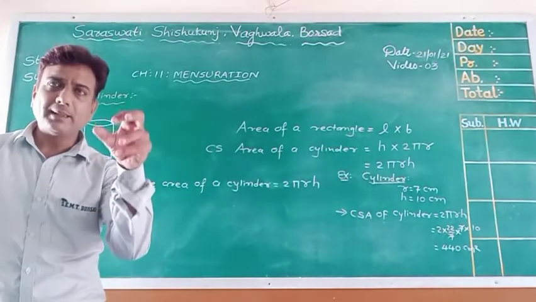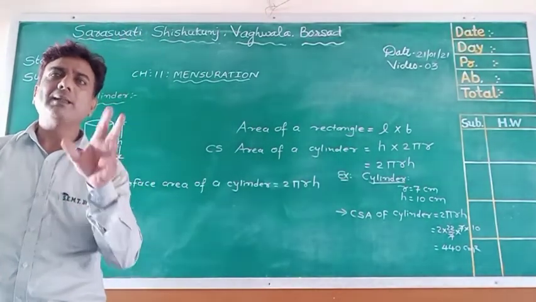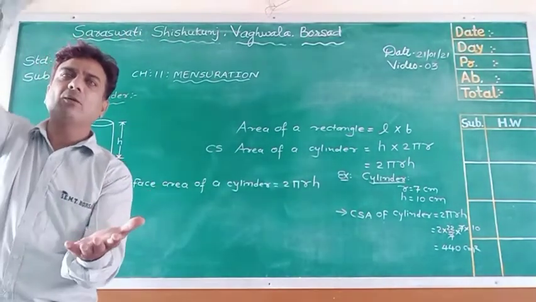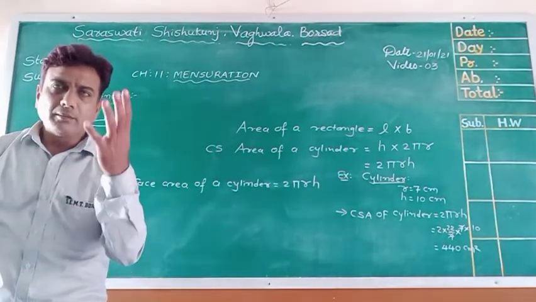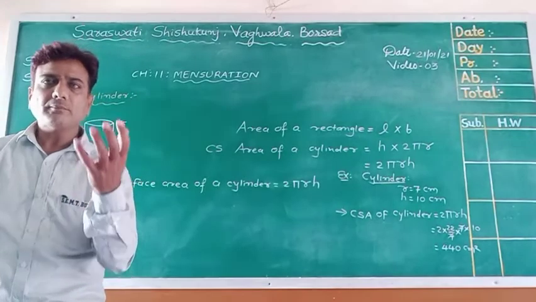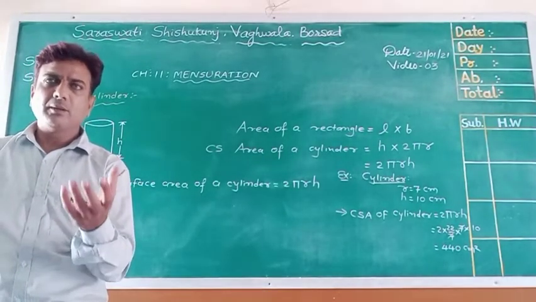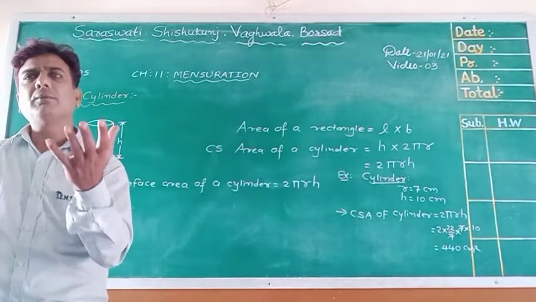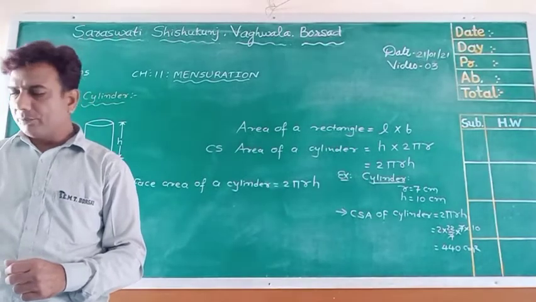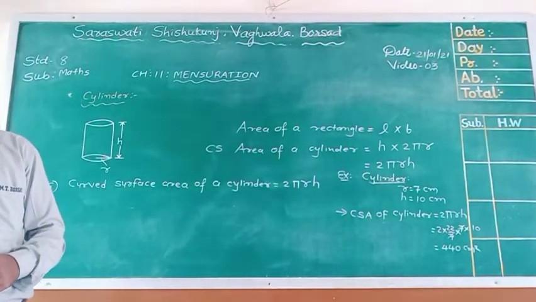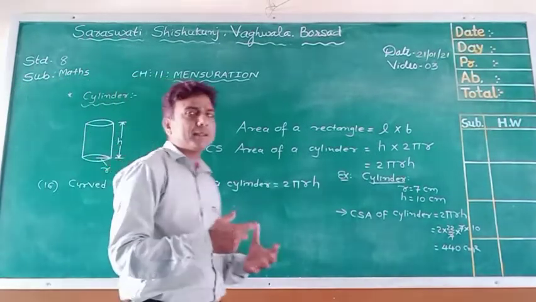We can say it is a one side open cylinder, otherwise one side closed, second side open. Both ways we can speak, the curved surface area of a one side closed cylinder.